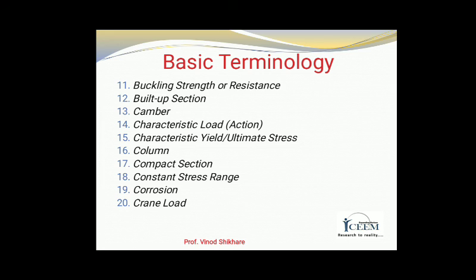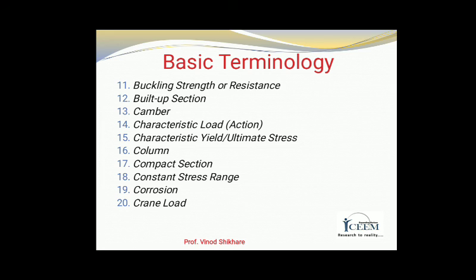Next term is characteristic yield or ultimate stress. The minimum value of stress below which not more than a specified percentage, usually 5%, of corresponding stresses of samples tested are expected to occur, that is known as characteristic yield or ultimate stress of that material.